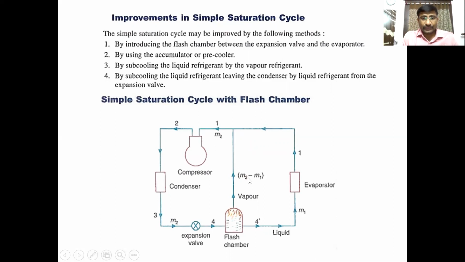So M2 minus M1 is at condition 1. Therefore M2 minus M1 into H1 is the heat content in the vapor, and the heat content in the liquid is M1 into H4 dash. So M1 into H4 dash plus M2 minus M1 into H1 is equal to M2 into H4. Clear?